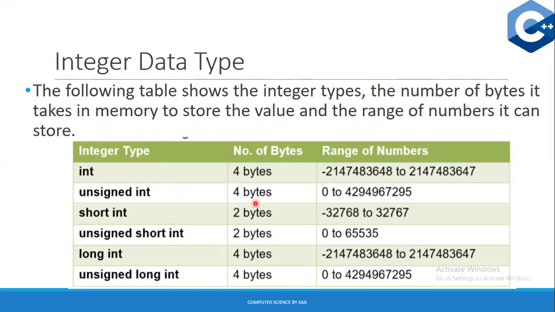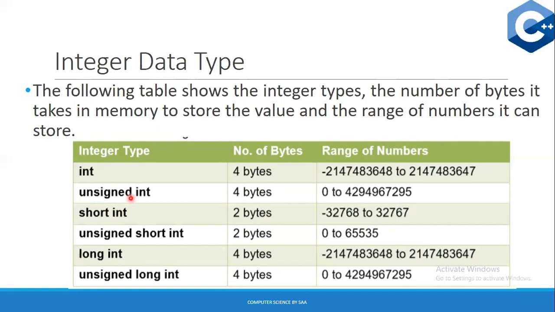Unsigned int will also take 4 bytes in memory. Short int will take 2 bytes. Unsigned short int will also take 2 bytes. Then again long int and unsigned long int take 4 bytes in memory. And here is the number range, from which number to which number it can store the values.